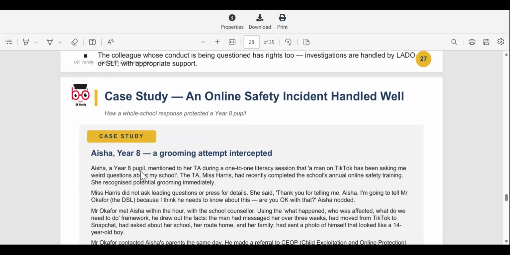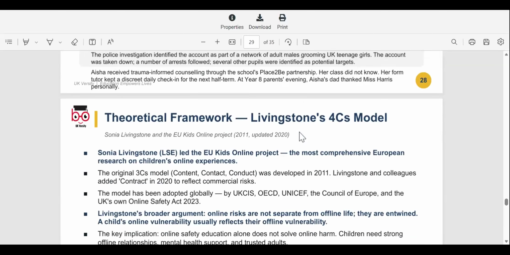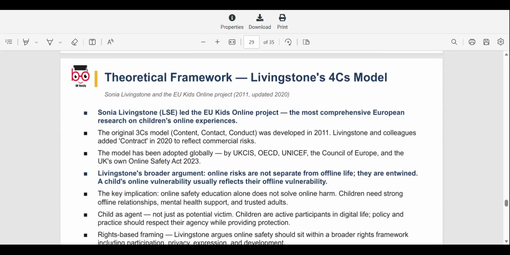There's a case study for you to have a look at, which is an online safety incident handled well. And then the theoretical framework is Livingstone's 4Cs, from Sonia Livingstone, which looked at content, the first one. Then you've got contact, conduct, and commercial.